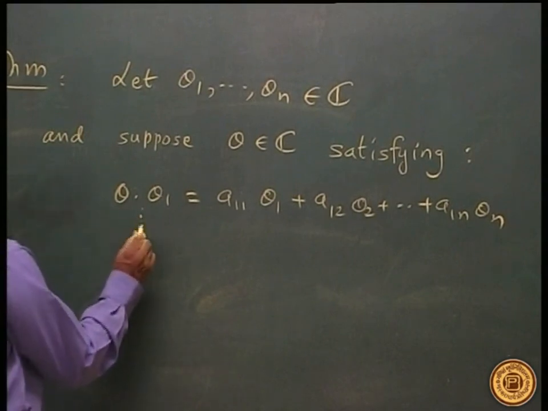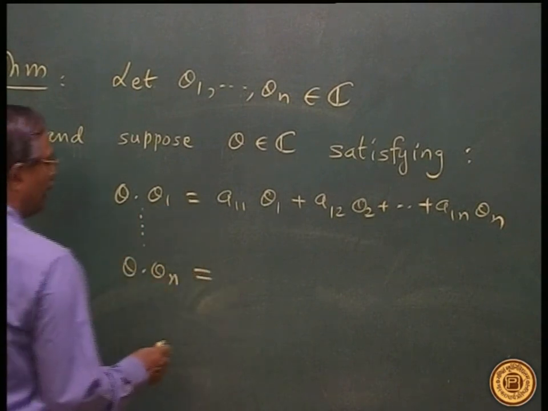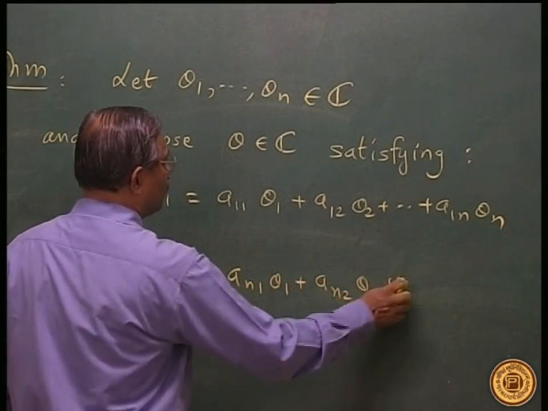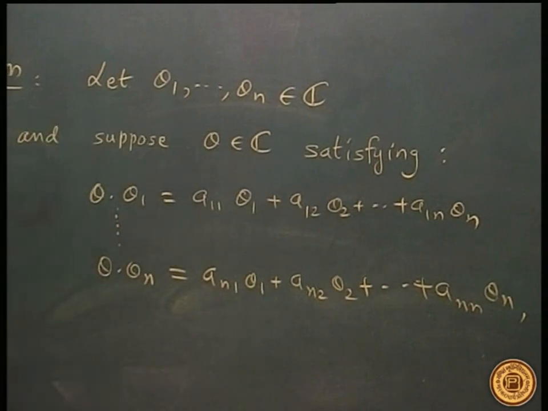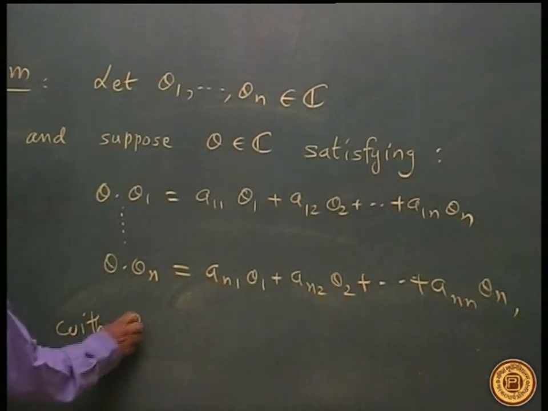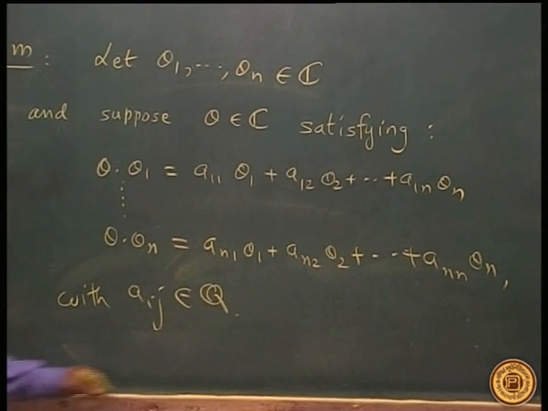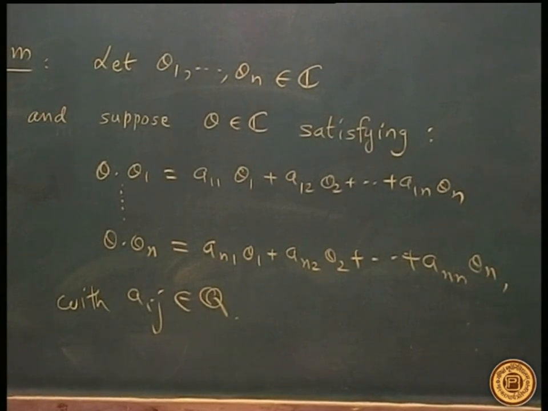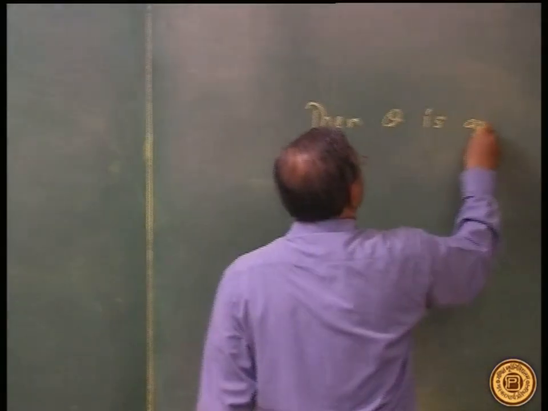Similarly, you can write for theta into theta 2 etc. Theta into theta n equals an1 theta 1 plus an2 theta 2 plus and so on plus ann theta n, with aij as rational numbers. Then theta is an algebraic number.